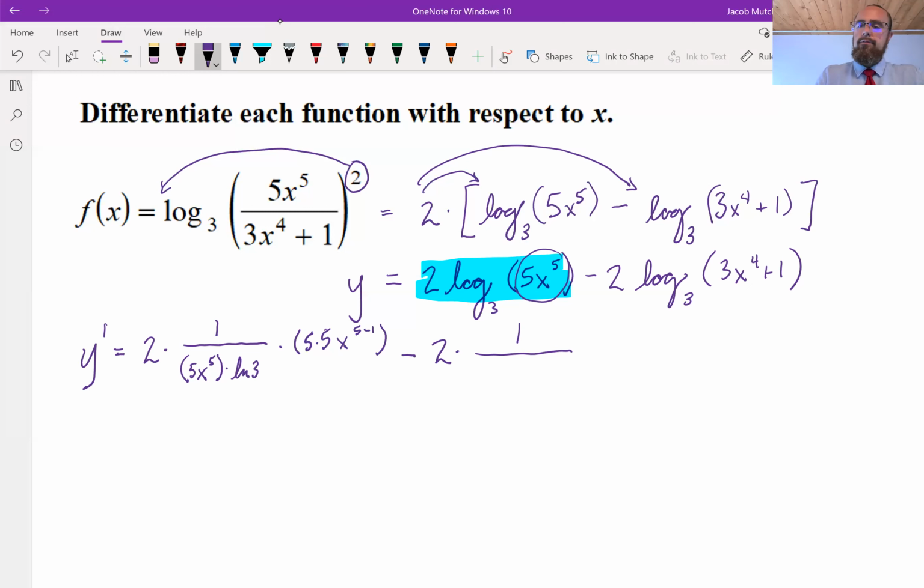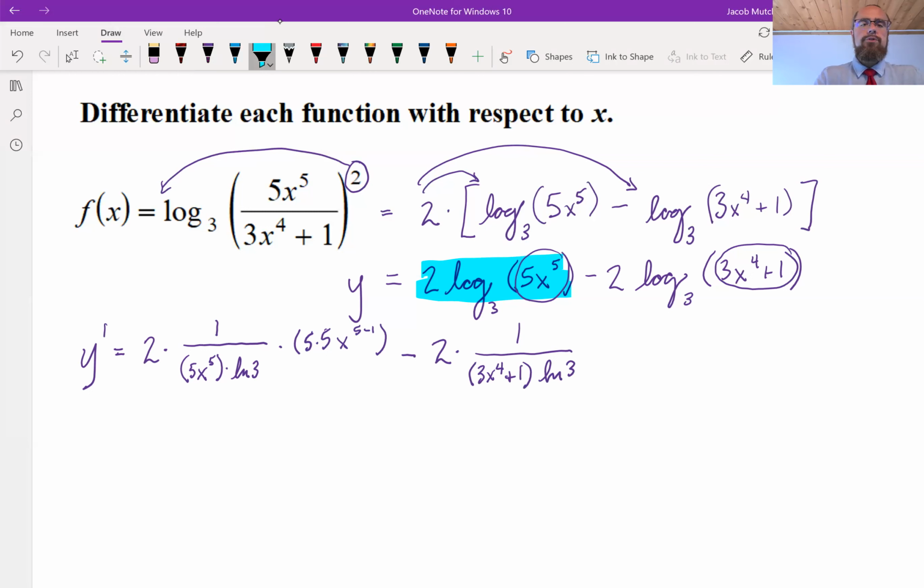Just like we saw before, I've got a composed function in this second term as well. That's going to rest where the domain value x is in the rule. So I can see I'll need to apply the chain rule for this term as well. And this is also times the natural logarithm of the base 3.